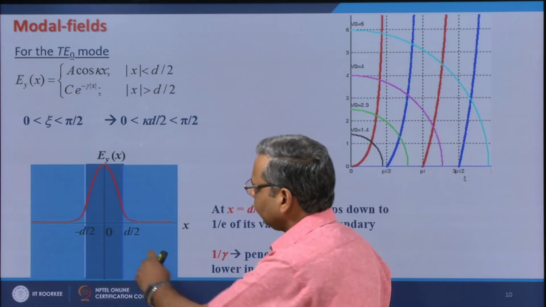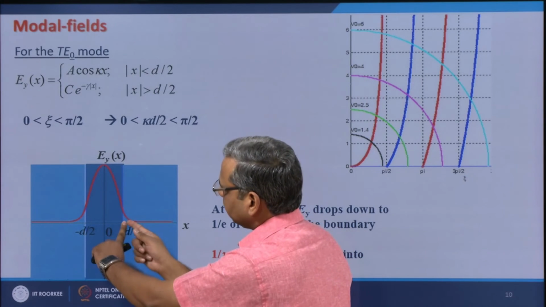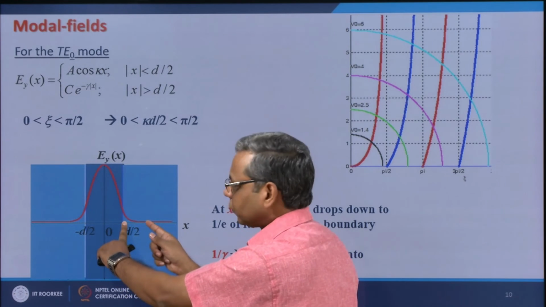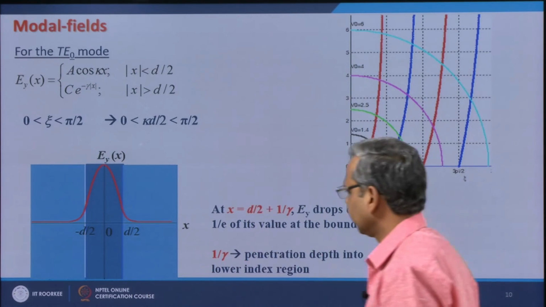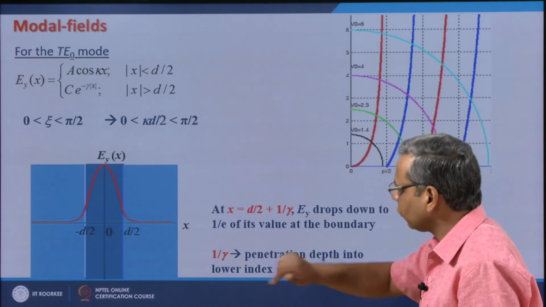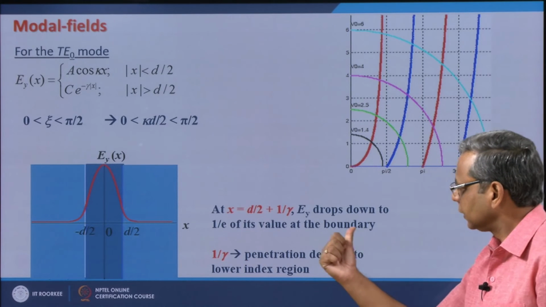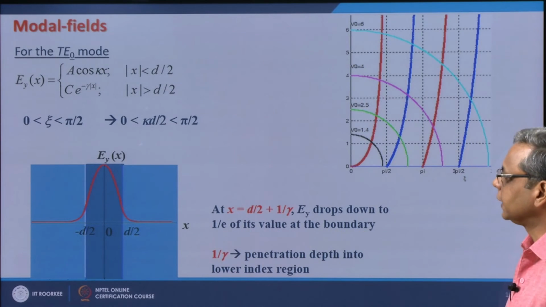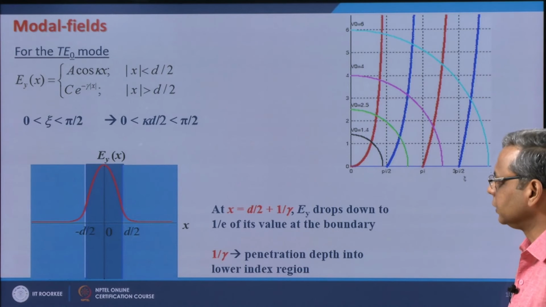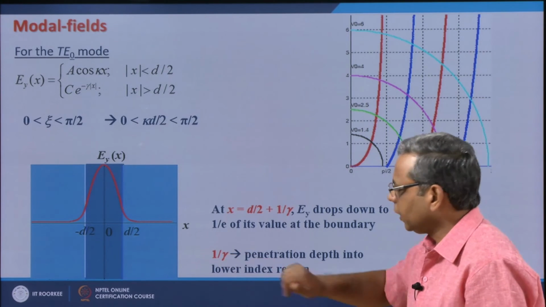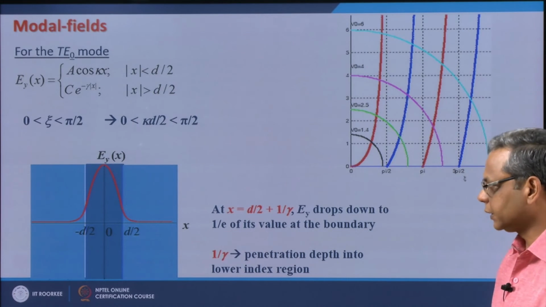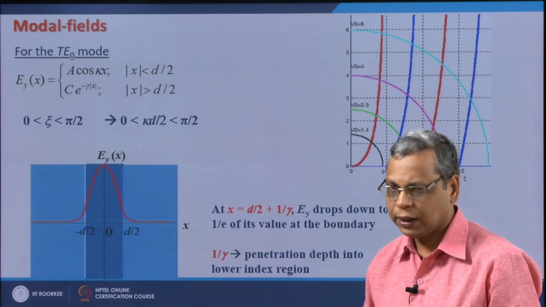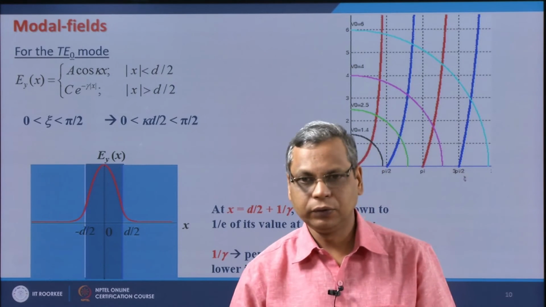So, if I start from the boundary and move a distance 1 over gamma, the field will decay to 1 over e of its value at the boundary. This is how I can quantify the distance up to which this field extends into the lower index region. It is defined by 1 over gamma, and it is known as the penetration depth into the lower index region.